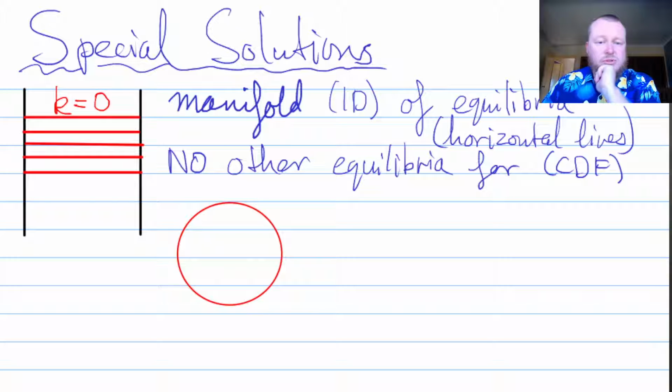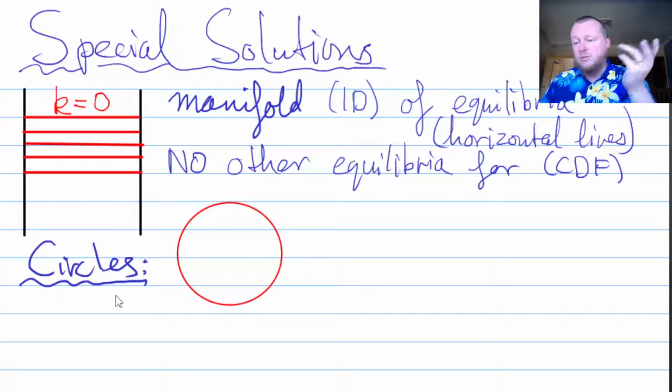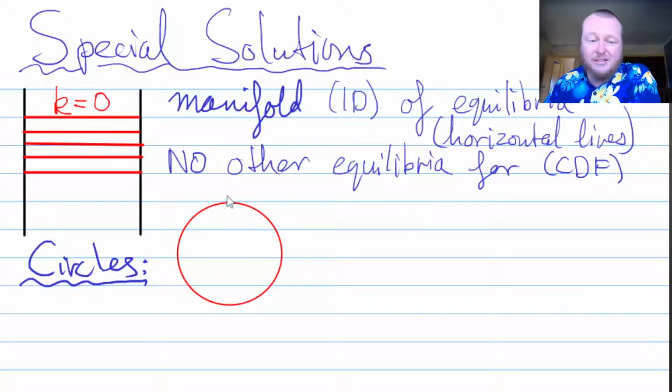So I'm going to write the word circle. Okay, so here's a circle. Now you might say, well, Glenn, so what? I mean, this does not satisfy your boundary conditions. And you're right, it doesn't satisfy my boundary conditions, but it's still important to think about.